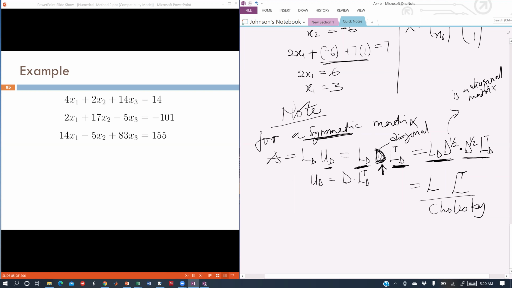Once we get the L of the Doolittle and the D exponent half, we can find the L of the Cholesky and the L transpose, which becomes our upper triangular for the Cholesky.